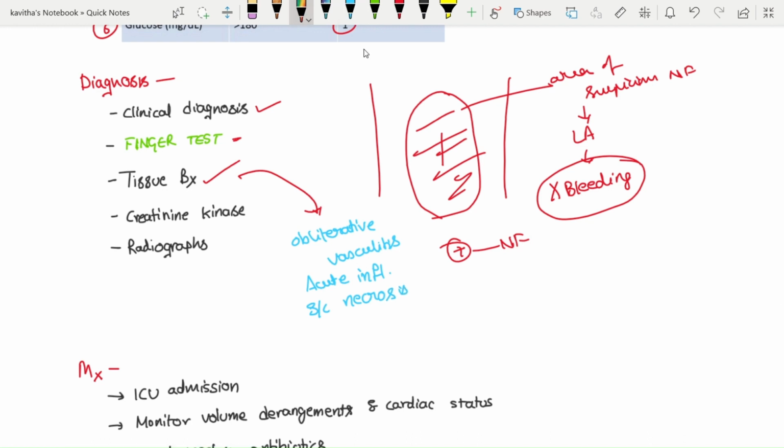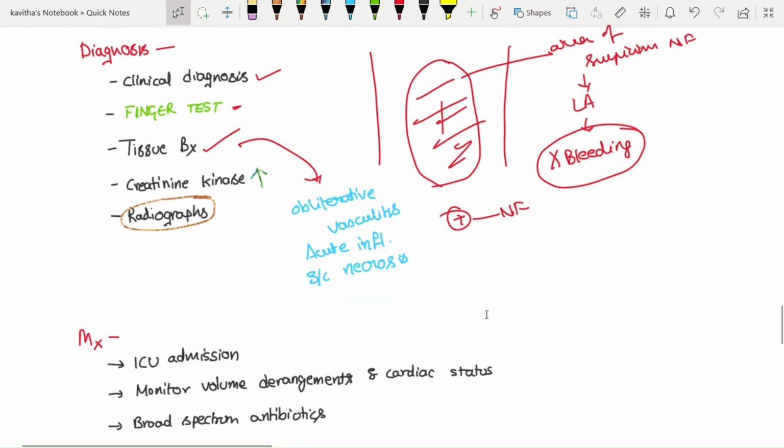And the creatinine kinase may elevate in case of necrotizing fasciitis. And radiographs. If you take an X-ray of the part that is involved, then you can appreciate some air in the tissues because of infection with gas forming organisms, right? But taking radiographs is not mandatory. You should not delay the treatment by waiting for radiograph reports.